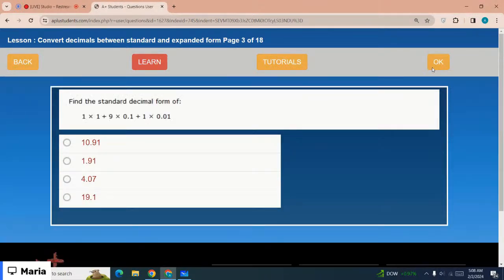The next one is, find the standard decimal form of 1 times 1 plus 9 times 0.1 plus 1 times 0.01, which is the correct option. Who is going to answer the question? Which is the correct option?